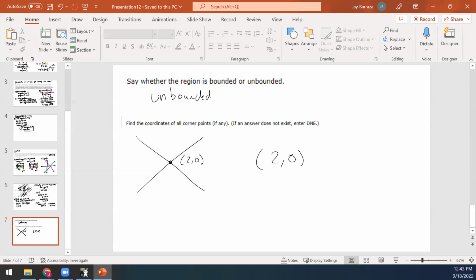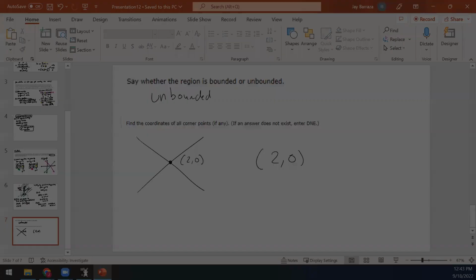So we will do one more related to this, and then we are going to do some word problems and practice those. And then after that, we'll do partial derivatives. Again, this is from the homework.